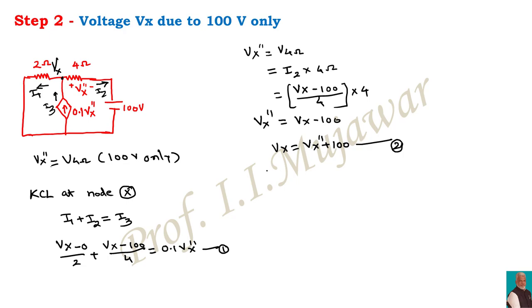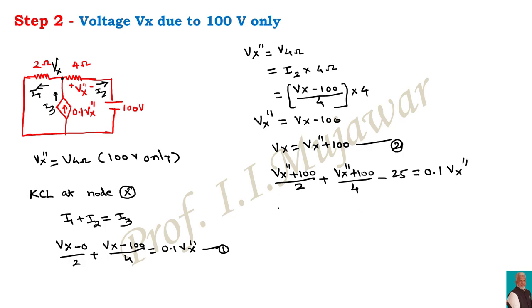So Vx by 2 is Vx double dash plus 100 by 2, plus Vx by 4, which is Vx double dash plus 100 by 4, minus 100 by 4, that is minus 25, equal to 0.1 Vx double dash.